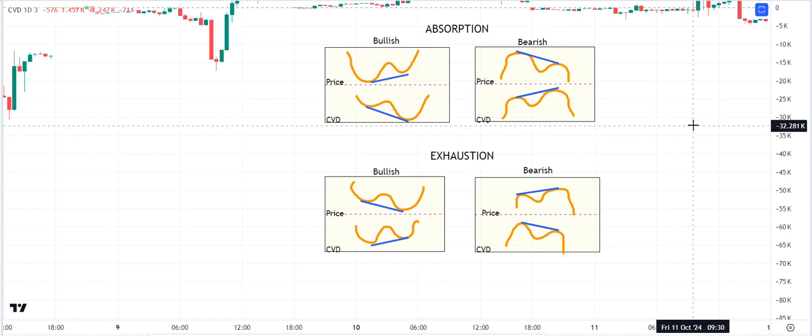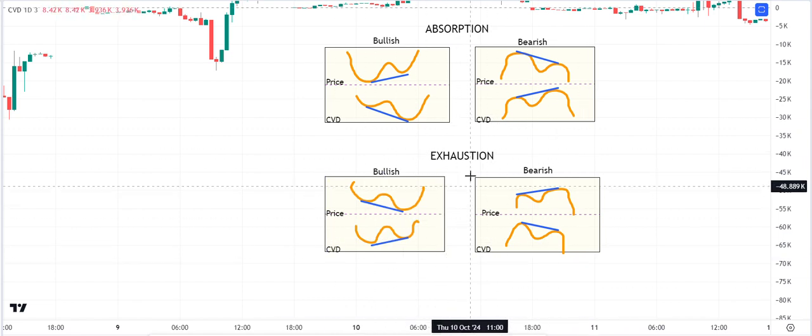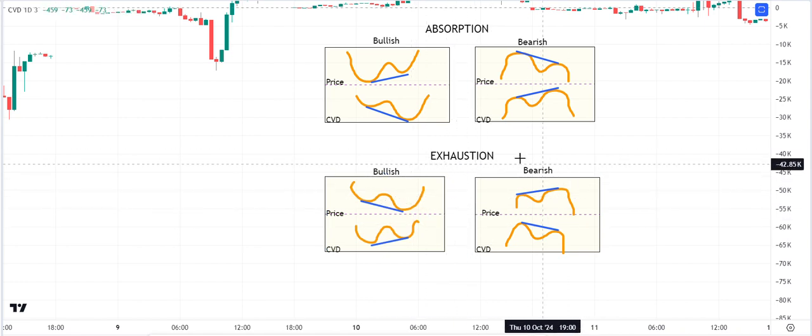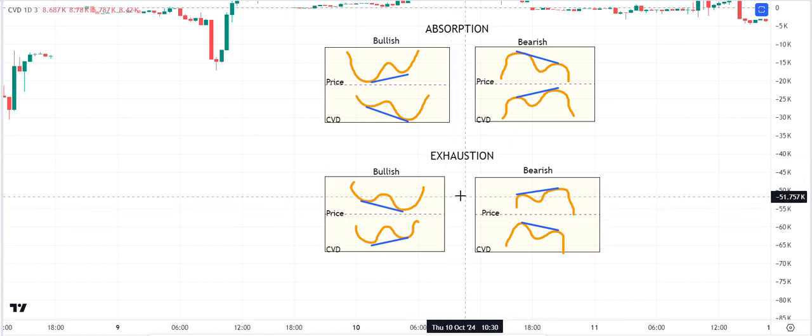But for now, this is one blueprint of when you're actually taking a trade, like entry and stop loss placement. Like for exhaustion, for instance, it's a bit more difficult to place stops. So a lot of people don't use exhaustion when going in this direction, like bullish exhaustion or bearish exhaustion.